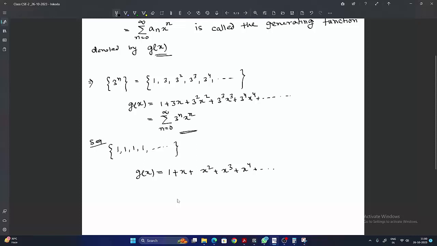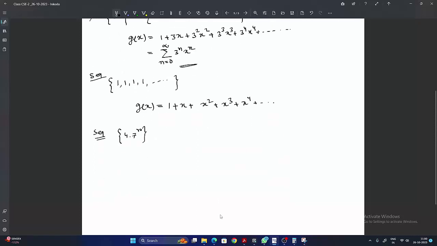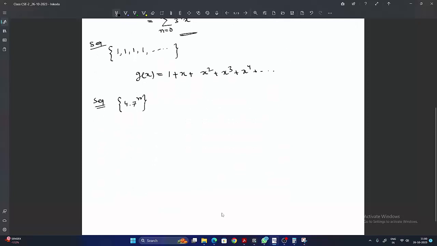So if your sequence is 4 into 7 to the power r, then g of x will be the series where r varies from 0 to infinity of 4 into 7 to the power r into x to the power r.